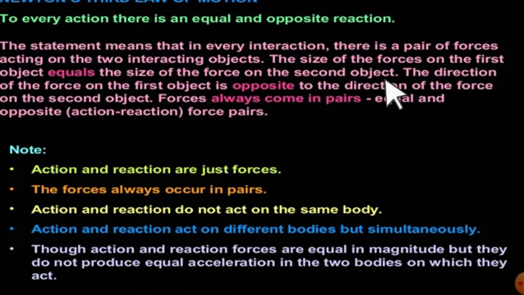That means the direction of the force on the first object is just opposite to the direction of the force on the second object. So force always comes in pairs, equal and opposite. If one is action, the other will be reaction.